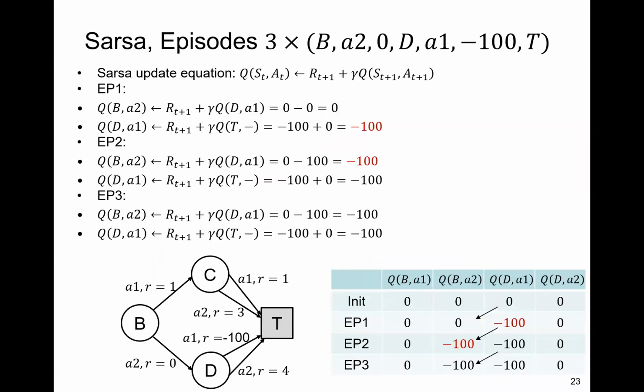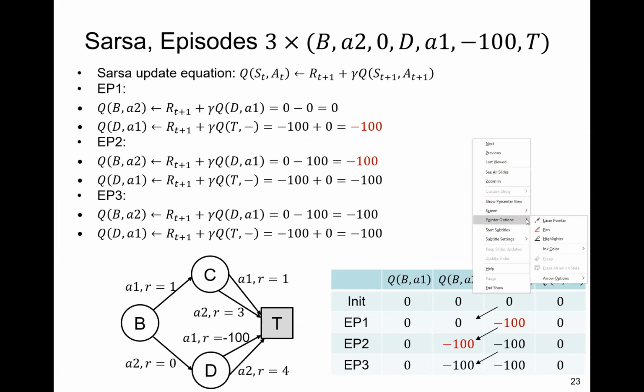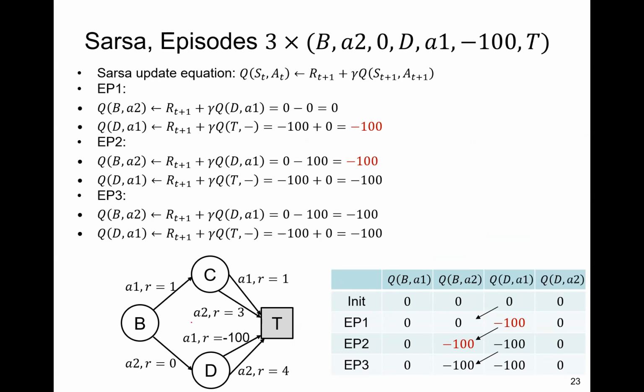So for Sarsa, now the table has 4 columns because from B, D, and D taking A1 to T, at B you have two actions. At D you have two actions. So in episode 1, you're bootstrapping QBA2 from QDA1.